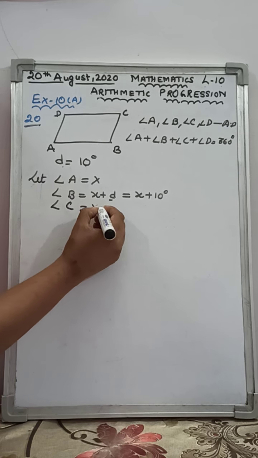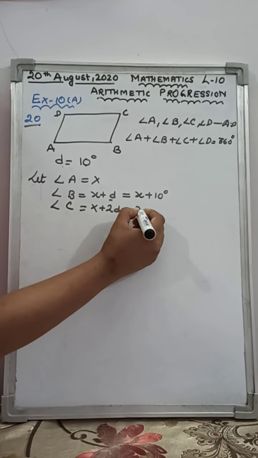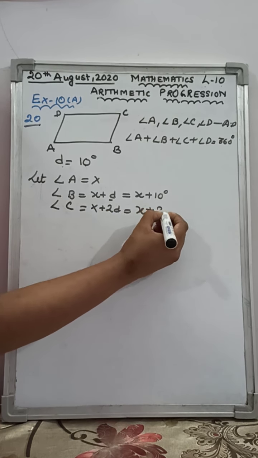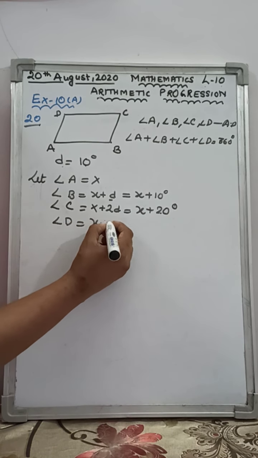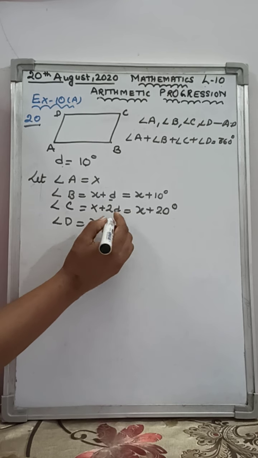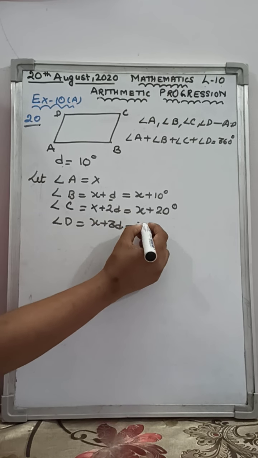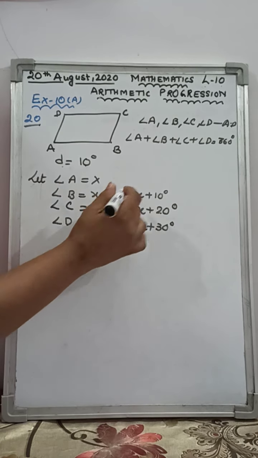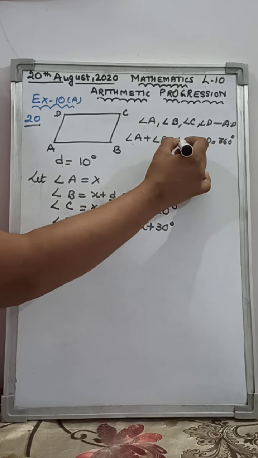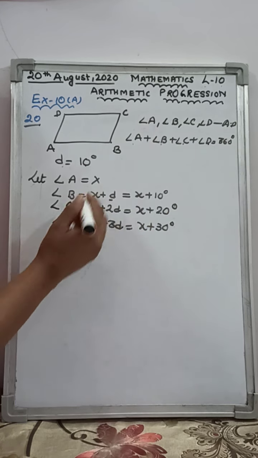Angle C will be x plus 2d. So x plus 2 into d will be 20 degree. So angle D will be x plus 3d. So substitute the value of d, it will be x plus 30 degree. Now you will put the value of A, angle B plus angle C plus angle D over here.